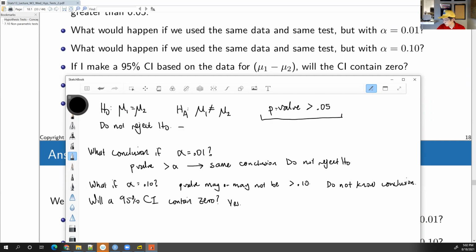So do not reject the null means we do not have evidence that mu1 is different from mu2.